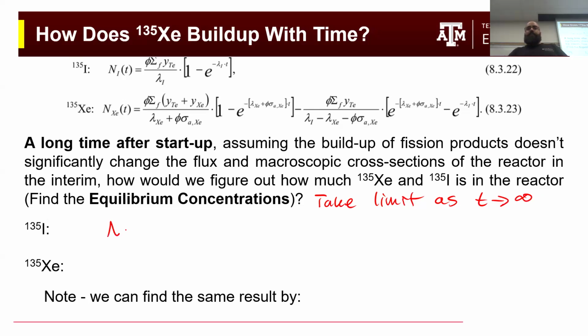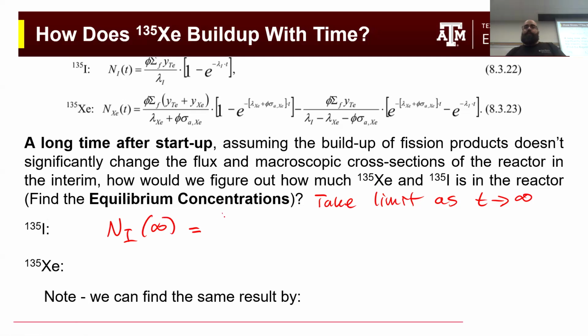And so the amount of iodine at infinity, in other words, our equilibrium concentration of iodine, is going to be what I get with this iodine equation when I let t go to infinity. The only place I see t is in this exponential, and it's a negative exponential. So it's the same story that we were seeing before: if I take the limit, this exponential goes away. And so my equilibrium concentration of iodine is just going to look like this multiplier that I have up front.